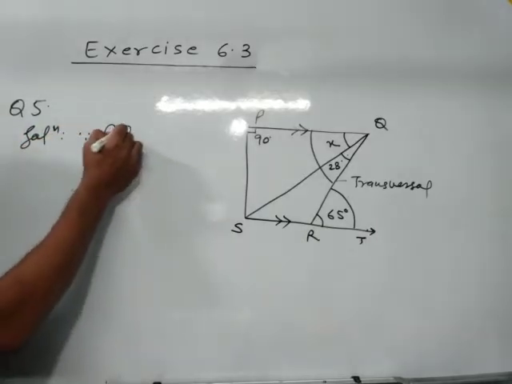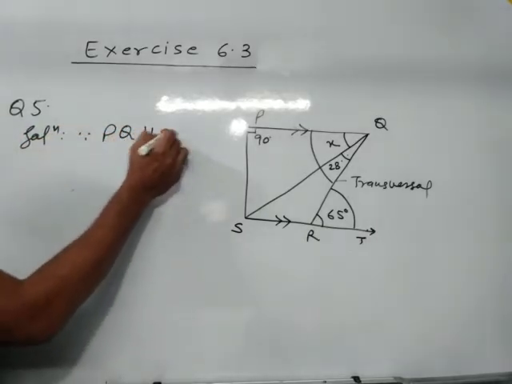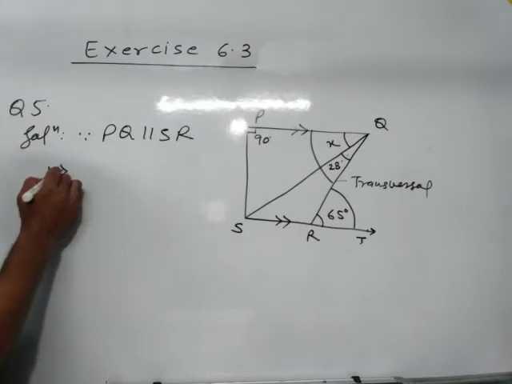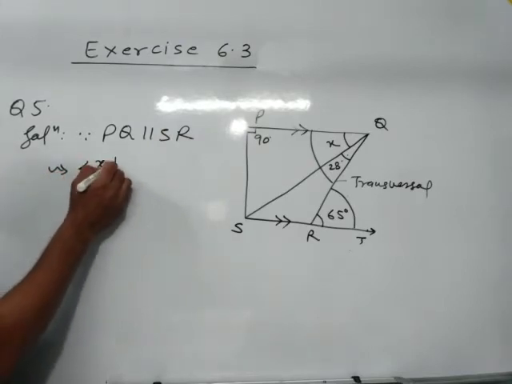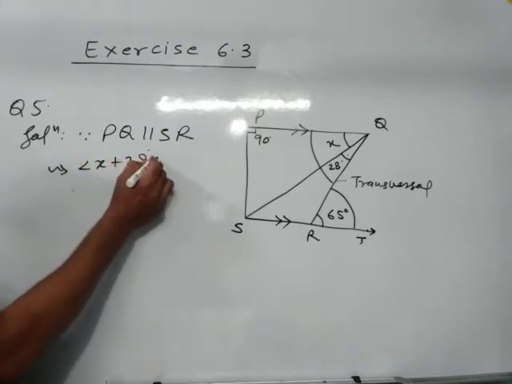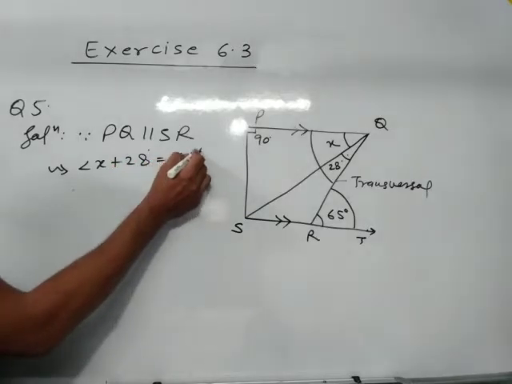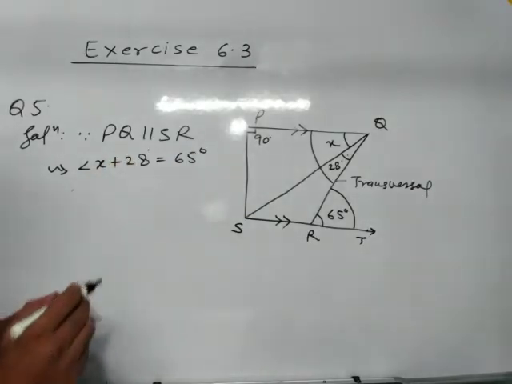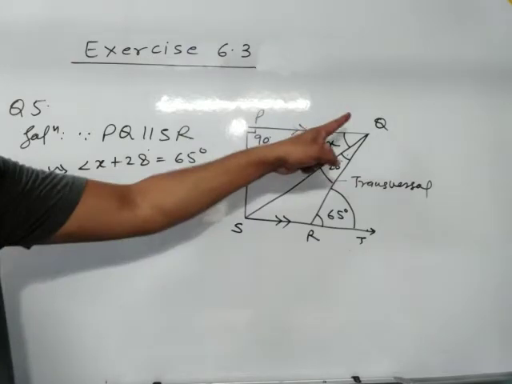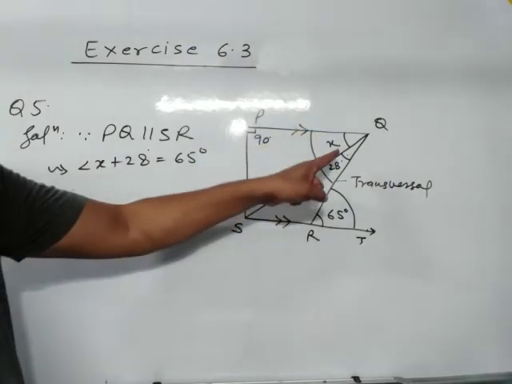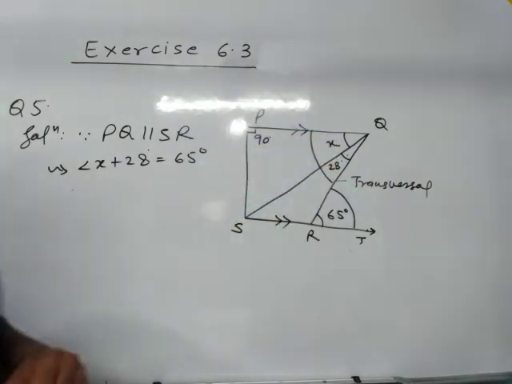Since PQ is parallel to SR, angle X plus 28 degrees is equal to 65 degrees. This angle PQR is the sum of angle X and 28 degrees. These two are alternate angles and the lines are parallel, so the alternate angles are equal.